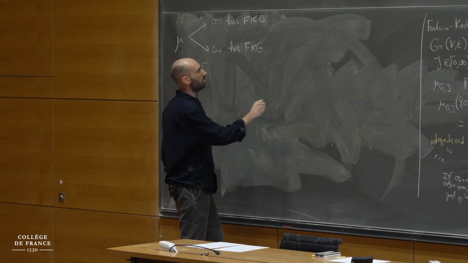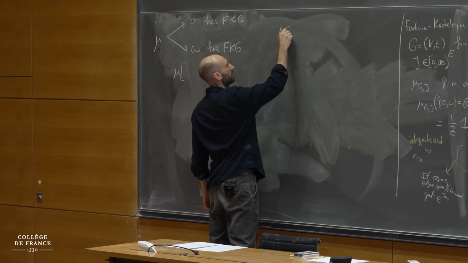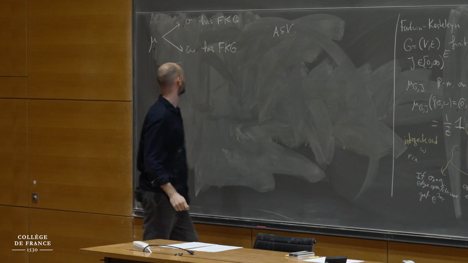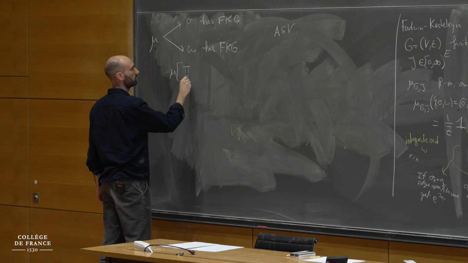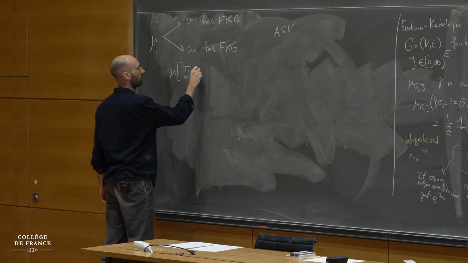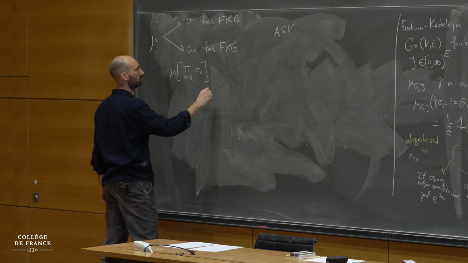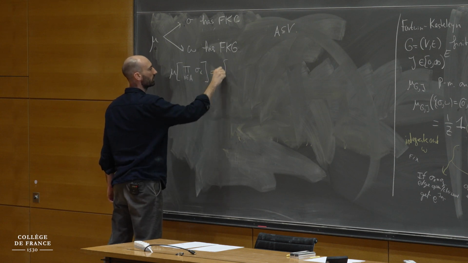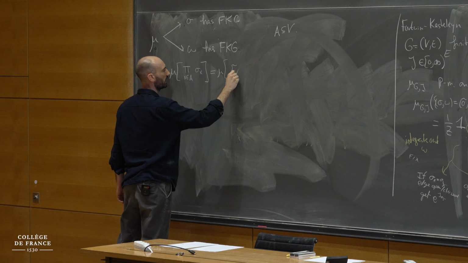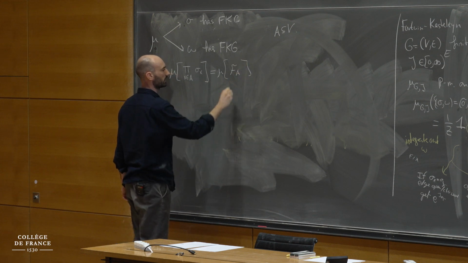But now, for example, if I take A a subset of V, and I consider the product of the spins in A, then this is equal to the probability of the event F_A. And what is this?